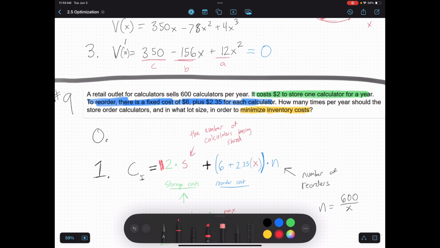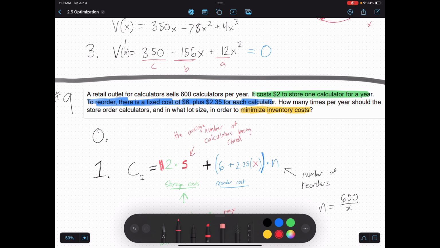That number is going to be constantly changing as you sell calculators. So instead, I'm going to add something to this definition. This is actually going to represent the average number of calculators being stored, because that's how we're going to actually put it into a mathematical equation. Instead of representing a specific number, it just represents on average how many calculators we're actually storing. And so that's what S is going to represent.